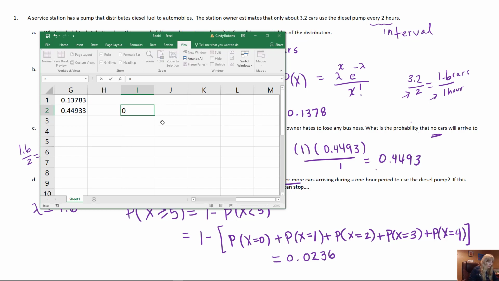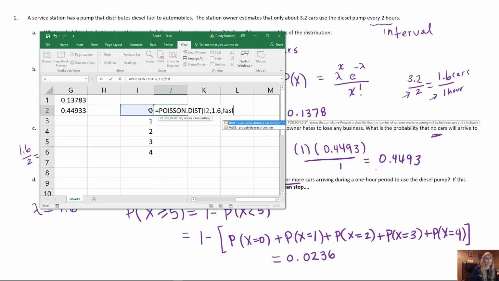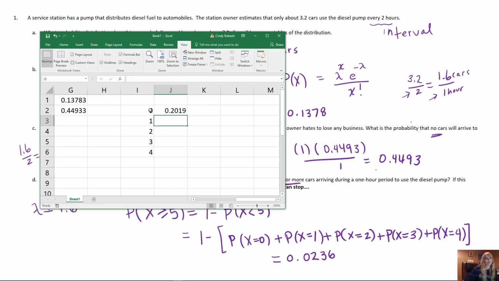And this one now I could number some cells and then sum those up. So let's just do that. 0, 1, 2, 3, 4. And then do my equals Poisson distribution, my X. And I know I said don't do this, but I'm going to hard code the mean, 1.6 and false. So that's the probability of 0. And you might say, but hey, that's not the set.